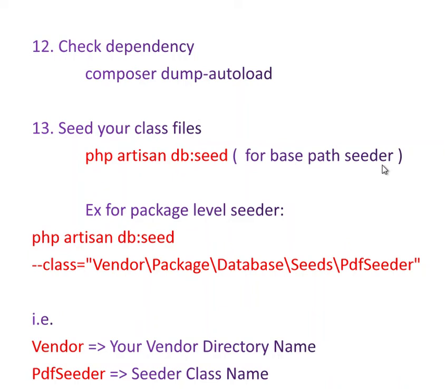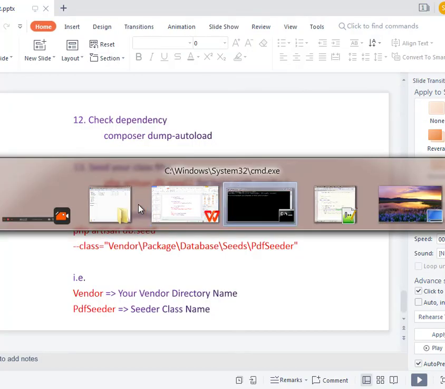Here is the seeder class. As we talked about the hyphen class, the vendor name is Ashiv, the package name is HTML PDF, and in the database directory, seeds and PDF seeder. PDF seeder is here.